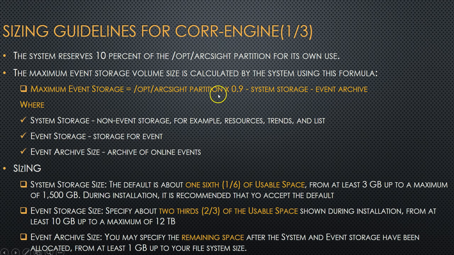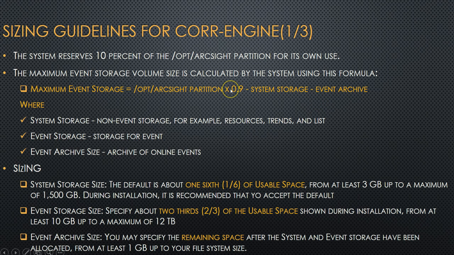We can rephrase this equation: if you move the system storage and the event archive to the other side, you will have the usable space equal to the event storage plus the system storage plus the event archive.